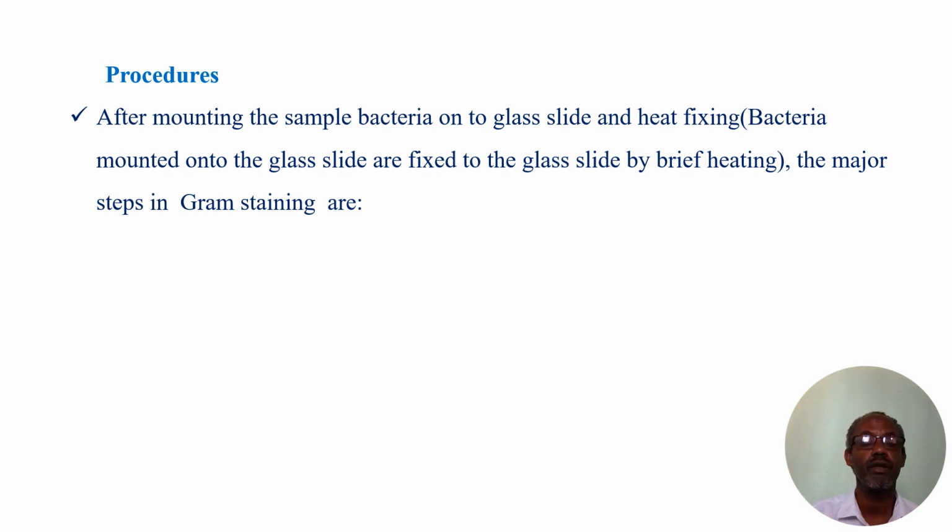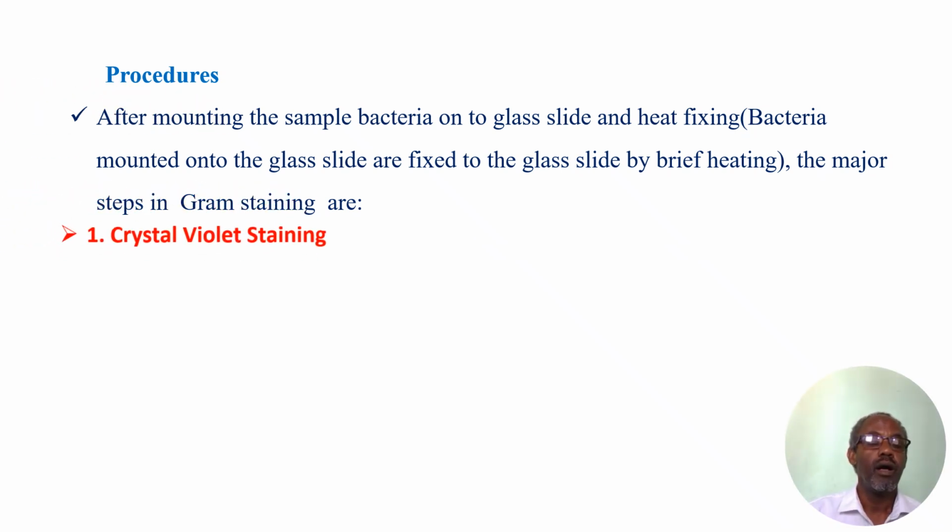Therefore, mounting, then heat fixing. The bacteria mounted onto the glass slide are fixed to it by brief heating. After this, there are four major steps in gram staining.